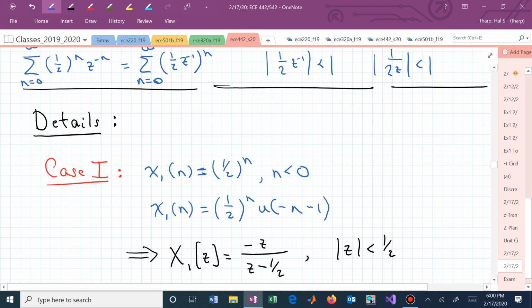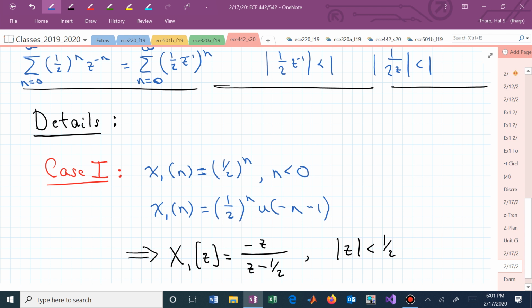Now when little n is -1, the argument of u of -n-1 is 0, and that's when it turns on. When n is -2, it's now 2 minus 1, or 1. That's positive, the argument, so u is still on. And as long as n just keeps marching in the negative indexed direction, that switch is on.